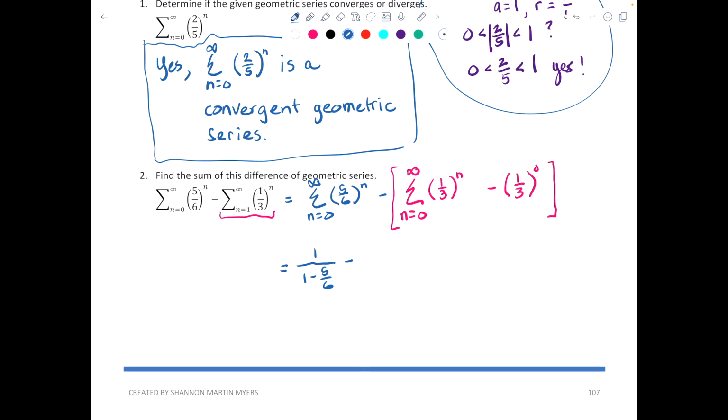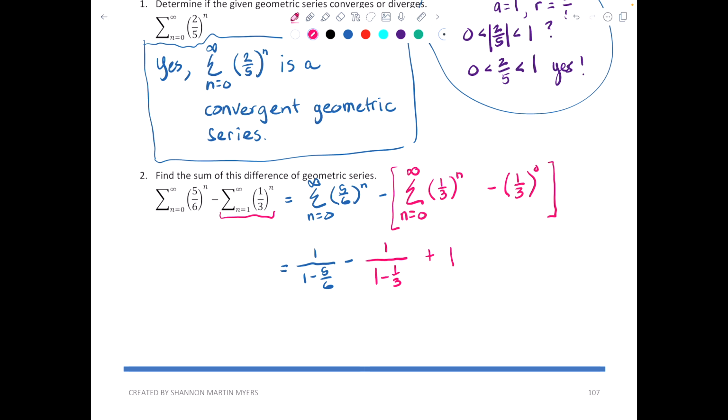And then minus, so for the first part, we will have 1 over 1 minus 1/3. And then minus a minus is a plus, and (1/3)^0 is 1. Cool so far?